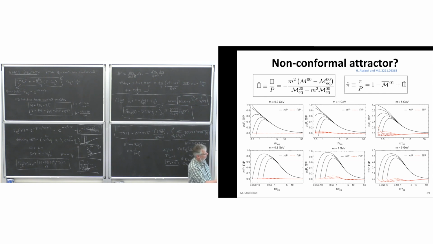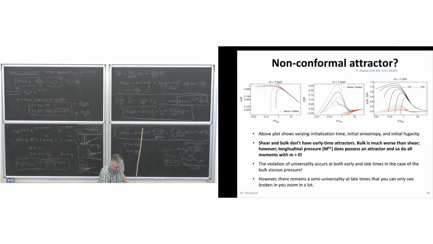But they all do collapse at late times. And although there's a bigger deviation, the bulk correction is always so much smaller than the shear viscous correction. You can ask, does it really matter? I don't know. So anyway, it's an open topic of discussion.